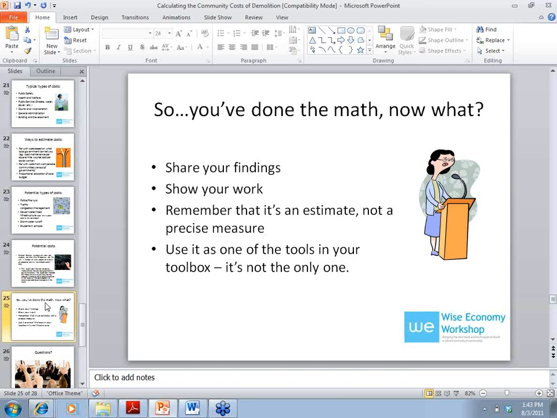But the fact of the matter is, even the most sophisticated econometric models in the world are still based on assumptions. And that's why it never comes out exactly the way we said. So keep in mind that no matter what you're doing in an environment like this, you're dealing with an estimate. You're not dealing with a precise measure. And keep in mind that this is just one of the elements.